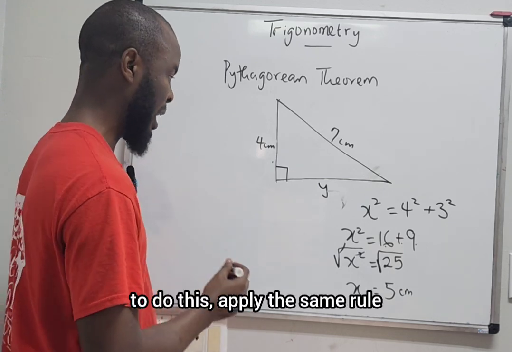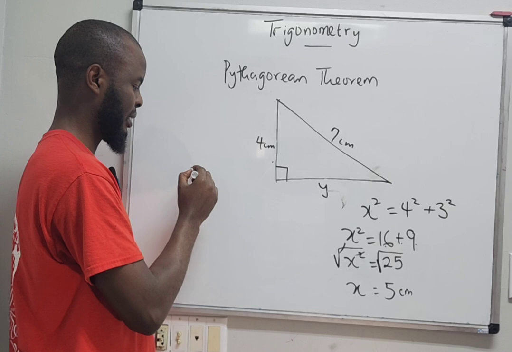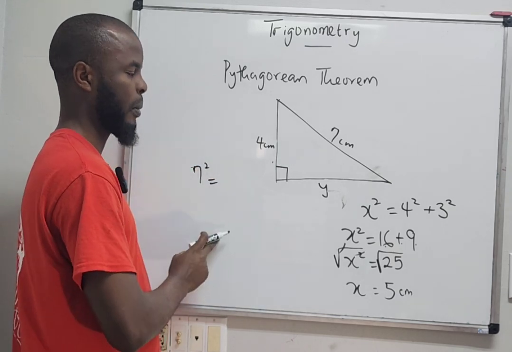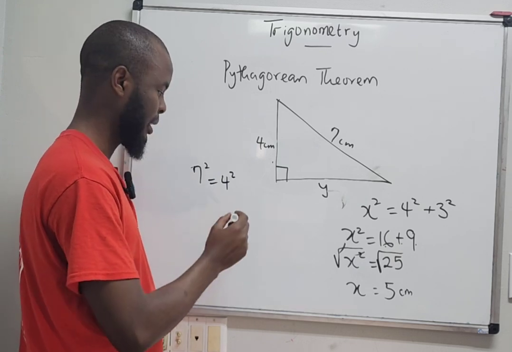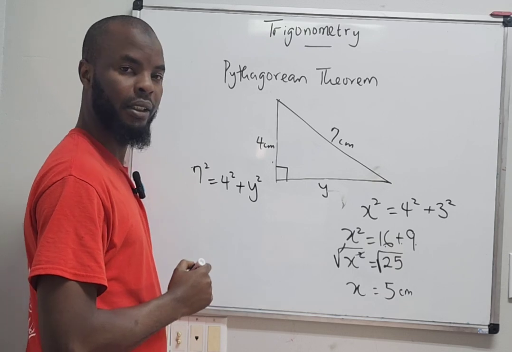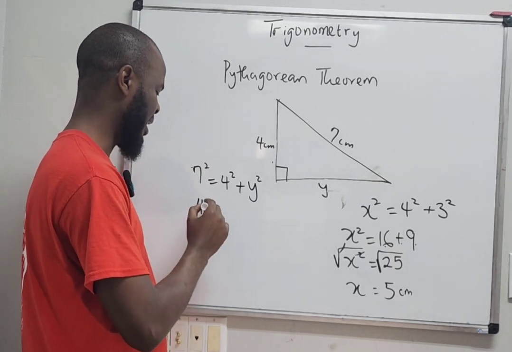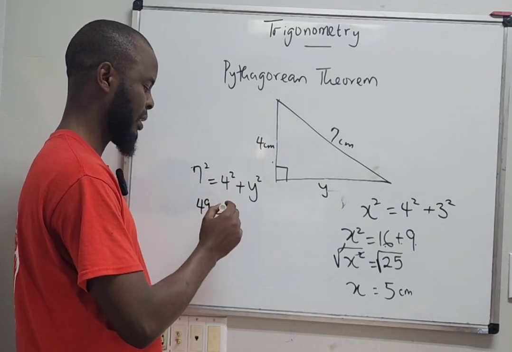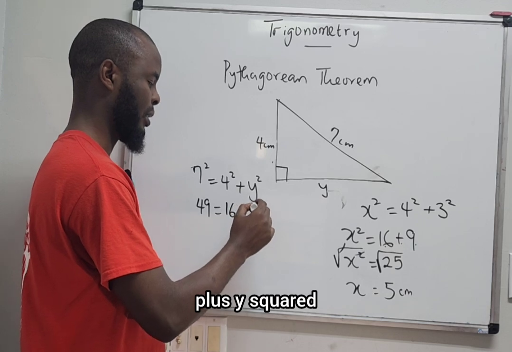To do this, applying the same rule that says your hypotenuse squared, which is 7 squared, equal, we have 4 squared, which is one of the side, plus y squared. 7 squared is 49. 4 squared is 16 plus y squared.